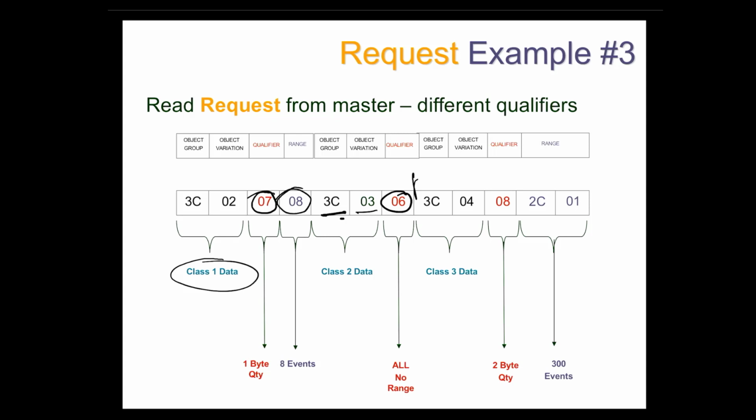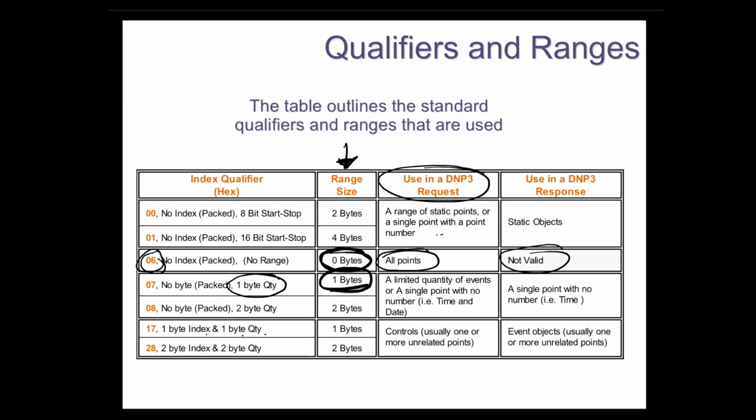But now we see a 08 qualifier. Now this is one we're going to look at in a little bit more detail. It's just like the 07 that we saw here, but now it's a 08, which says this time the quantity of points we're going to be looking for is going to be expressed as a 2 byte value.